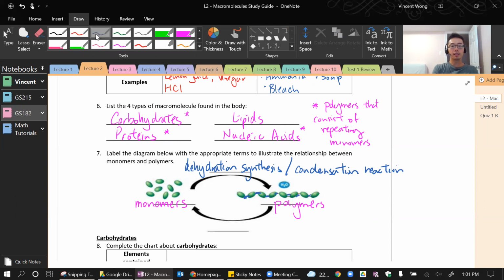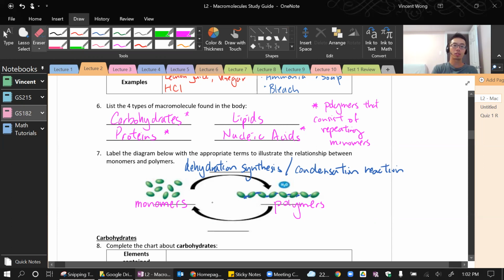Now, when you eat polymers, like potatoes, rice, bread, that's carbohydrates that you're taking in the form of polymers, and your body needs to break them down back into monomers. To do that, your body will have to do what's called hydrolysis.